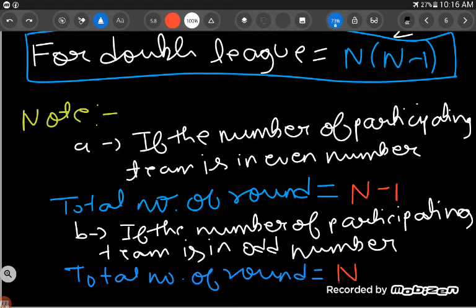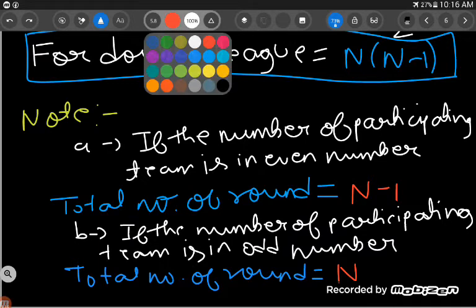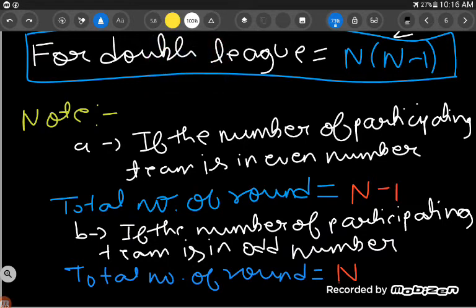What is n? Number of entries, means the number of rounds is equal to the number of participants or entries in odd number. Okay, if the number of entries is an even number, one is subtracted from the entries, means one less than entries, is the number of rounds.